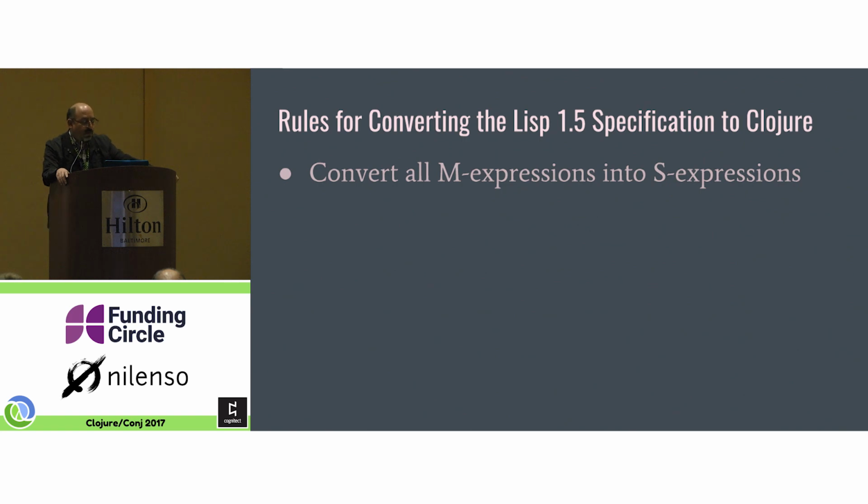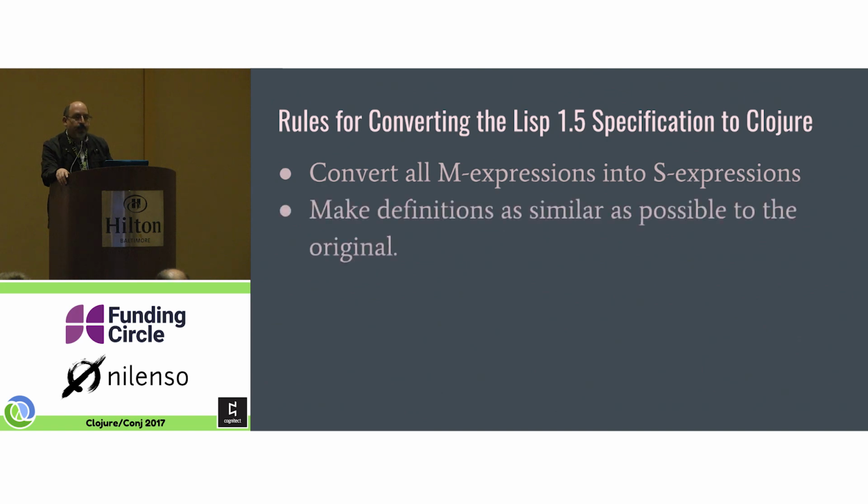First of all, I needed to convert all the M expressions into S expressions. We'll see that in a moment. Okay, I maintained basically all the definitions that we had, trying to make them as similar as possible to the original. So every time I called a certain function, I tried to use the same function or something very, very similar. Okay, so basically I tried to do the most faithful conversion that was possible using Clojure.